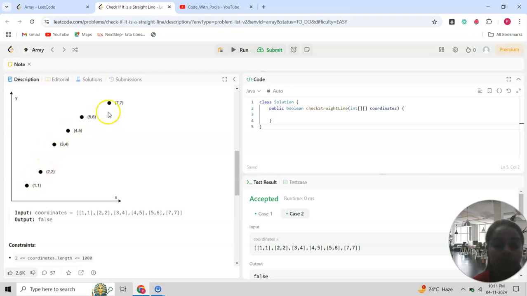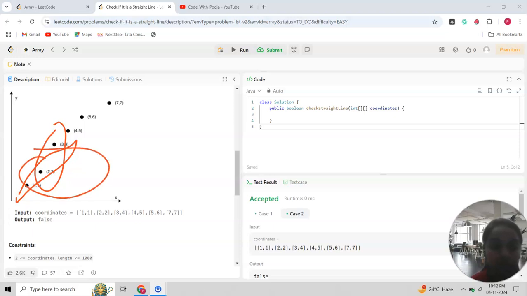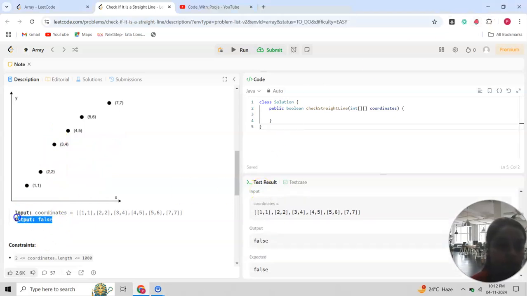There is no single straight line which will combine all of them. The slope for this straight line is different, and the slope for this other line is different, so we will identify it with the slope of the line. The slopes are not equal, so it is false.